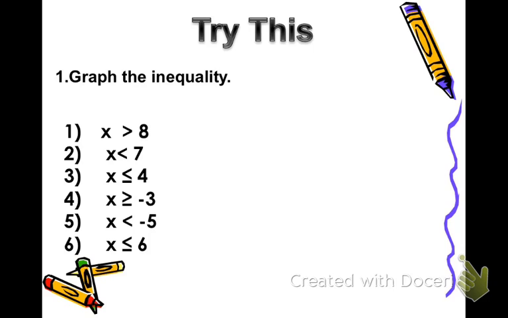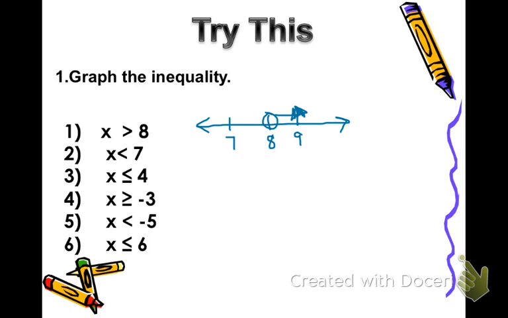If you were asked to draw your own number lines, you could simply draw a number line with 8 and a few numbers around it. We would have an open circle at 8, and it would point to the right.